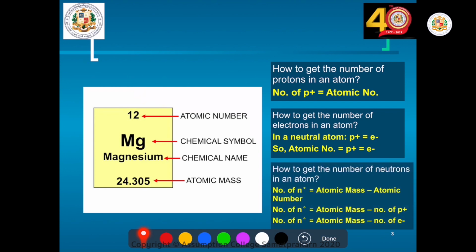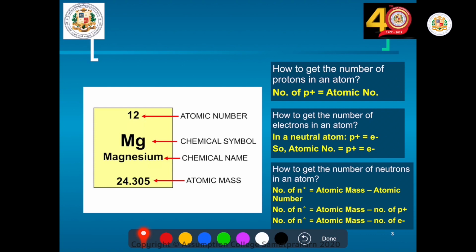Now, to get the number of neutrons, we have to subtract the atomic number from the atomic mass, or the number of protons or electrons, because as we have said, the three of them are equal anyway. But don't forget, it's only in a neutral atom.